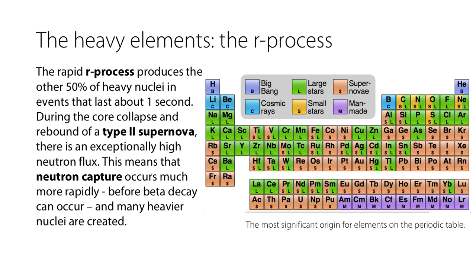This doesn't require a seed nuclei. This can take even relatively light nuclei and build them up. And it can create anything up to plutonium. Well, theoretically, it could create beyond plutonium, but beyond plutonium, everything has such a short half-life that by the time it enters the interstellar medium and then collapses to form a new generation of stars, it's all decayed away.